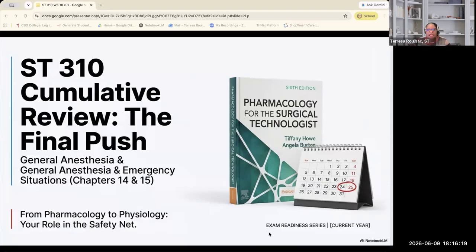As we move through tonight's session, I want us to understand what those medications are doing to the patient and why it really matters in the operating room.